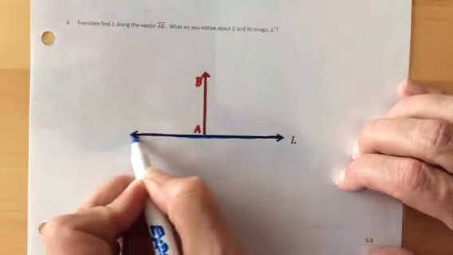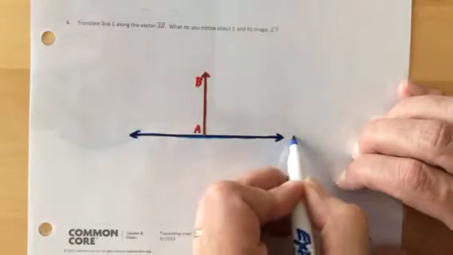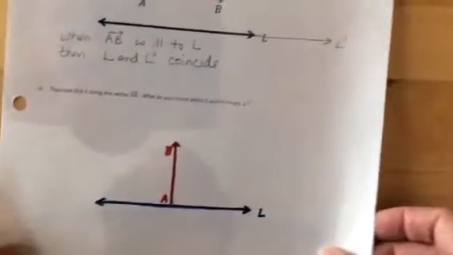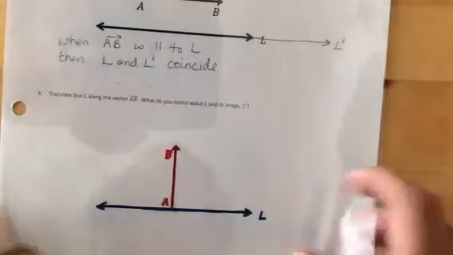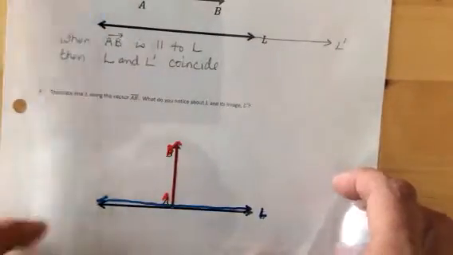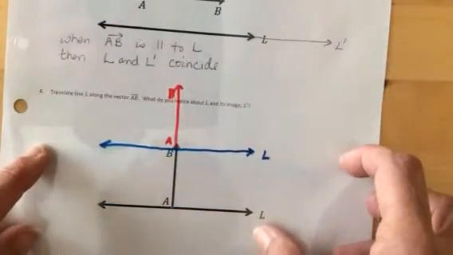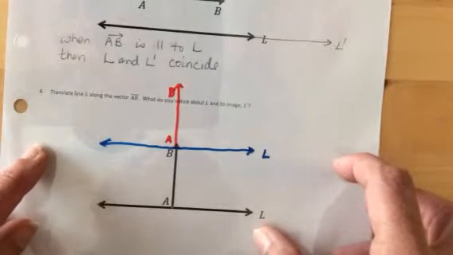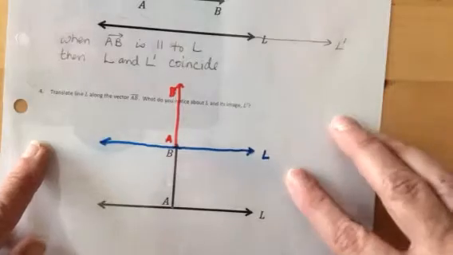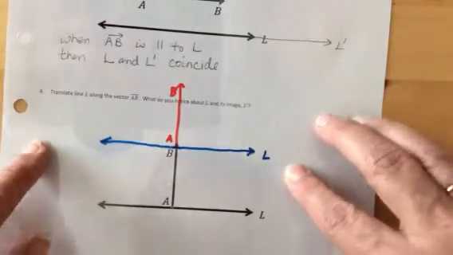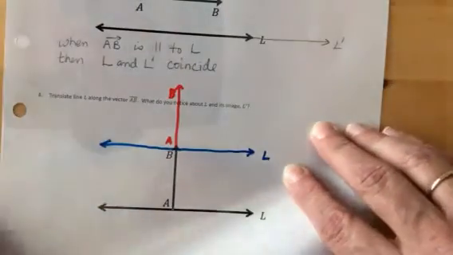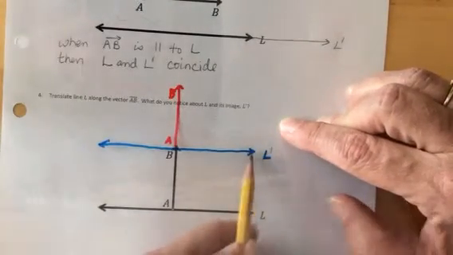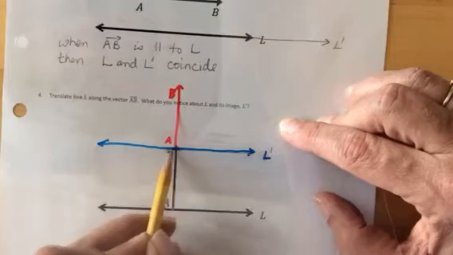So here we go. There's L. And I'm going to translate this again. So again, it's a slide. I'm going to slide my overhead up so that my starting point matches up to the ending point. All right, so now the image of that line is right up here. So this is L prime, and I'll trace it right here.